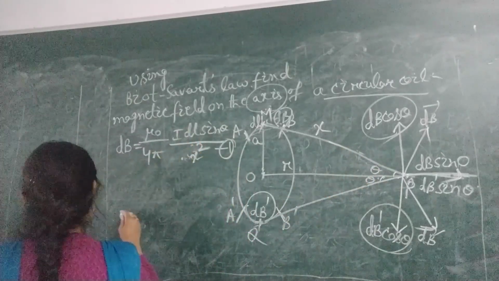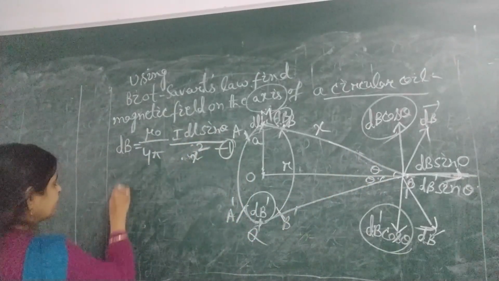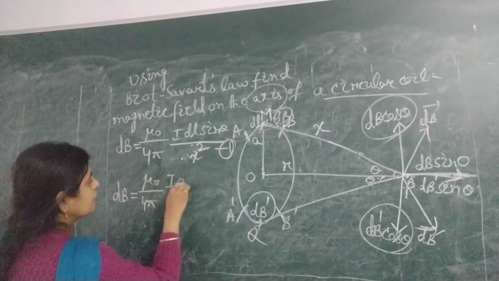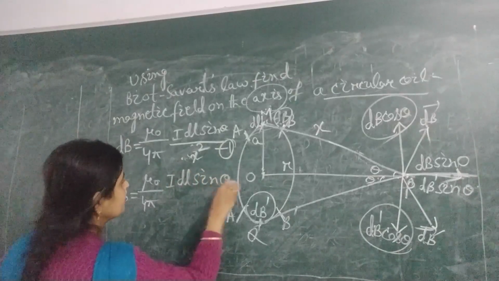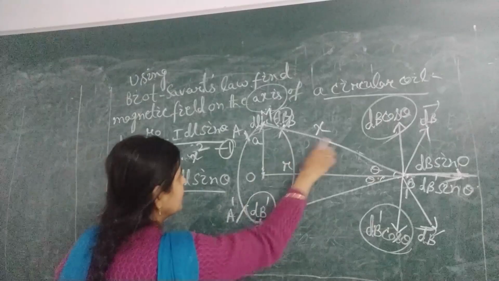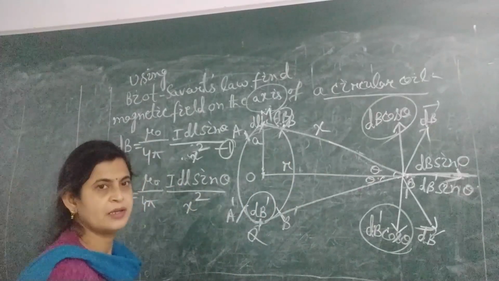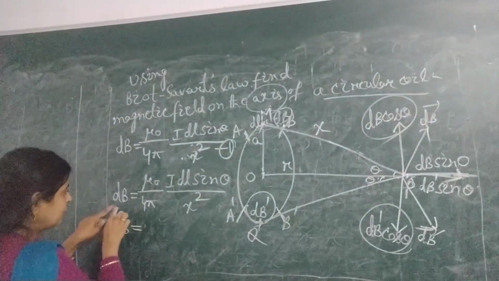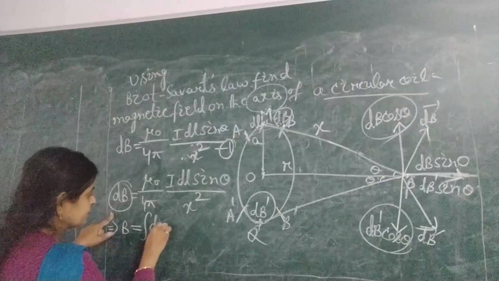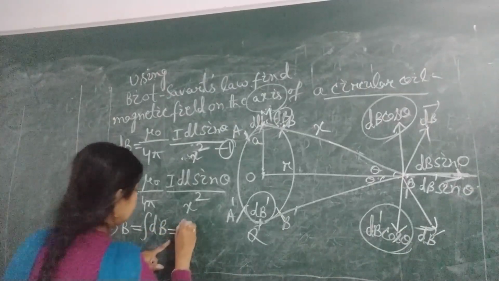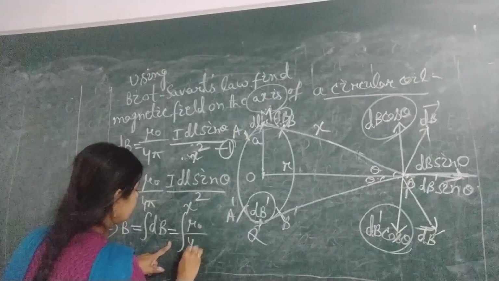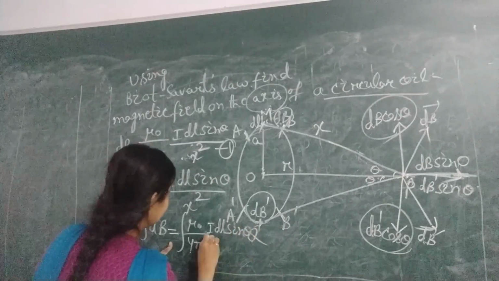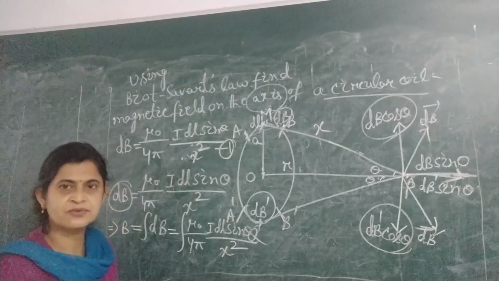So, we can write dB is equal to mu naught by 4 pi I dl sin theta divided by x square, or B is equal to the integration of dB, that is the integration of mu naught by 4 pi I dl sin theta divided by x square.